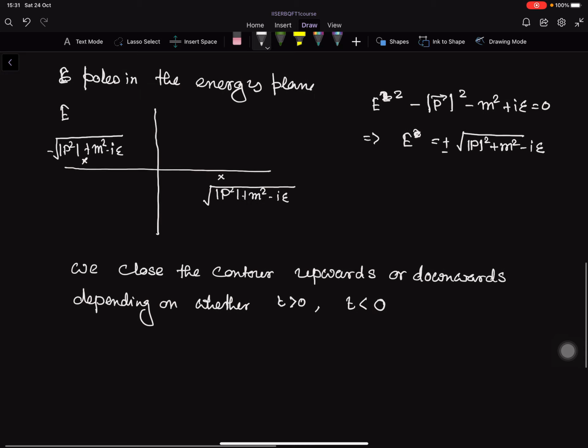So you can show that when t is greater than 0, we close the contour downwards.